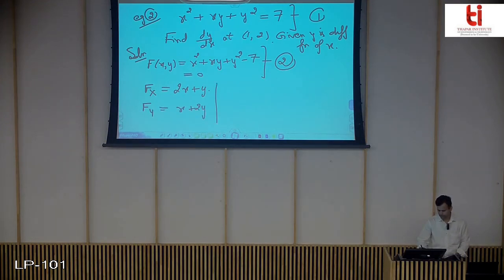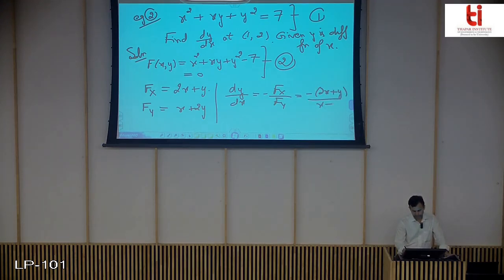So you can see here dy/dx, the formula says, is minus the ratio of the partial derivative with respect to x upon the partial derivative with respect to y. So this gives you very easily the result: minus (2x plus y) upon (x plus 2y). Yes, here it is.